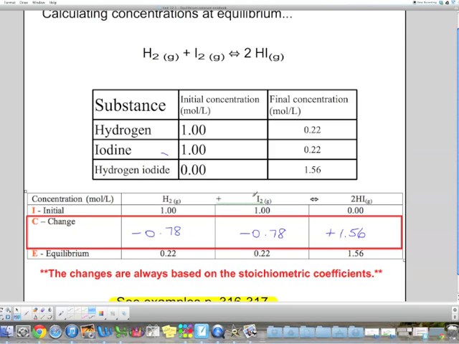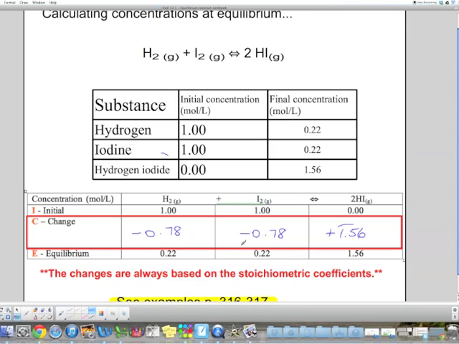And you have 1 for 2, so it's only normal that double the amount was produced versus what reacted over here. You could do the ratio with H2 versus HI as well. So I have 1 for 2, so I should have double the amount here as I have over here. Now, don't forget to put the minuses or the pluses, because that really shows that you have a product, the substance was produced, and a reactant, the substance reacted, was depleted, disappeared.